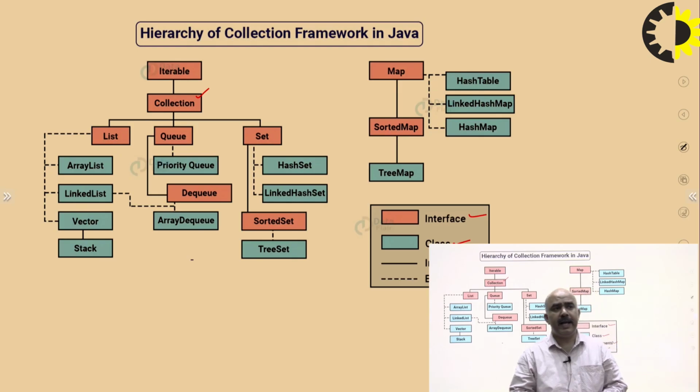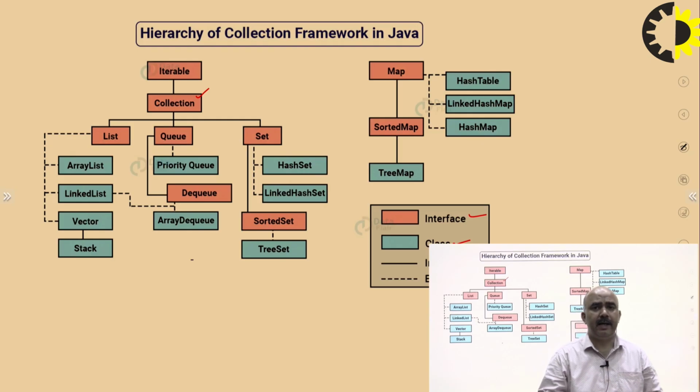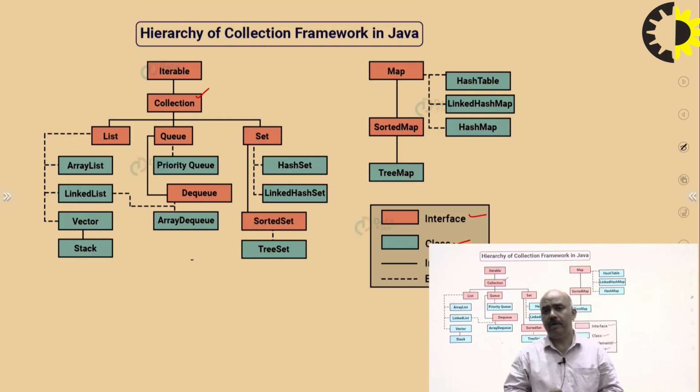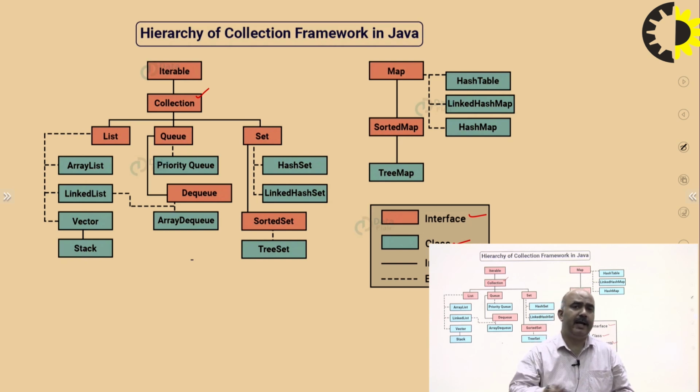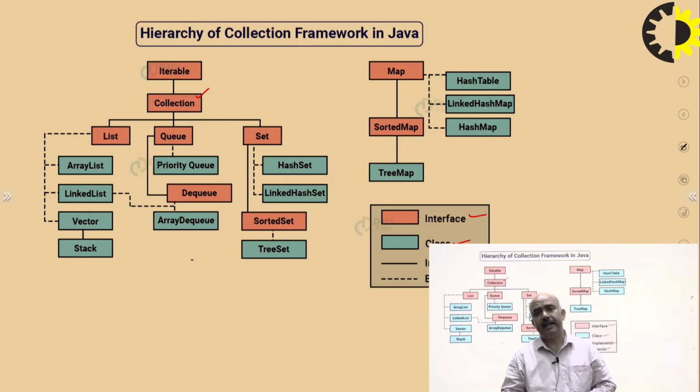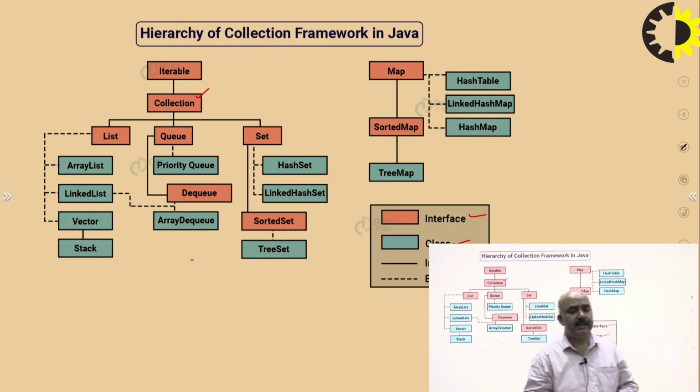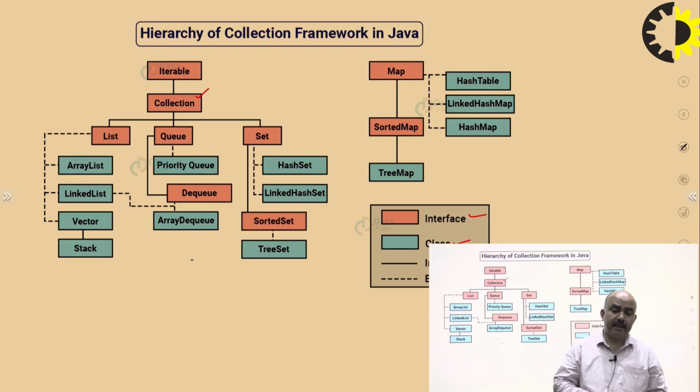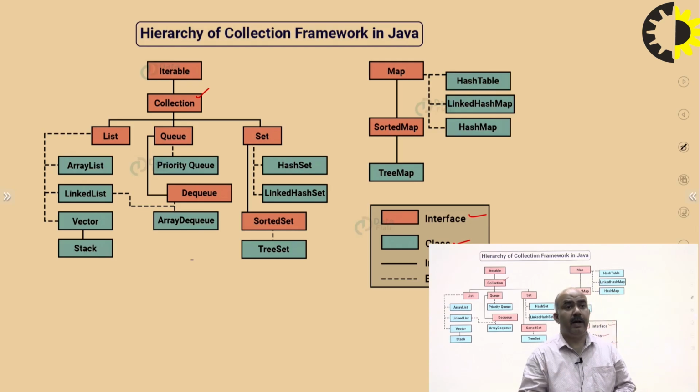Let's take an example. When we have an array, an array is of fixed size. Whenever you define the array, that array is fixed. Now if you have to add an element to that array, you have to create another array.